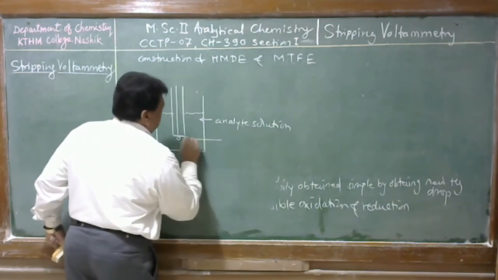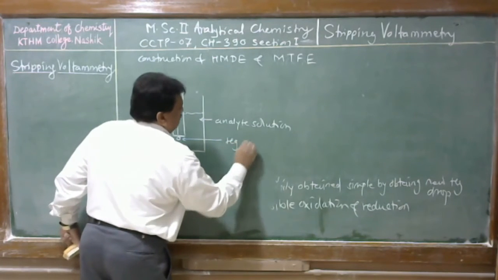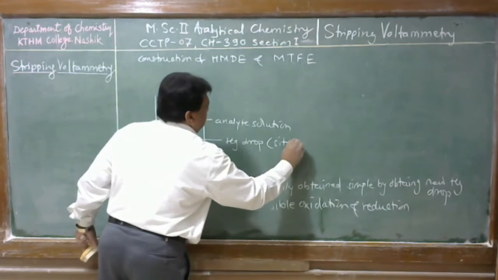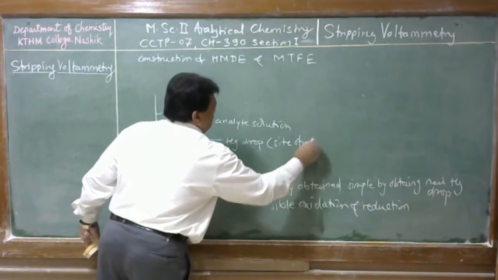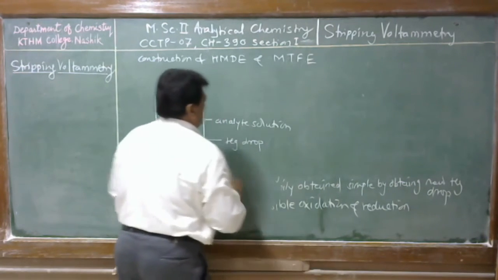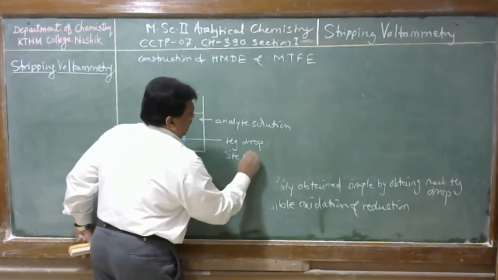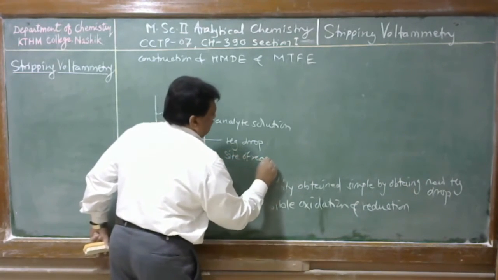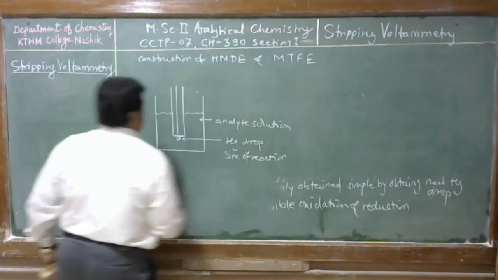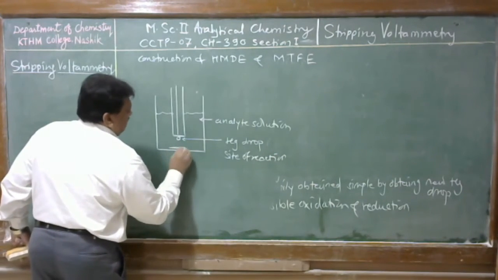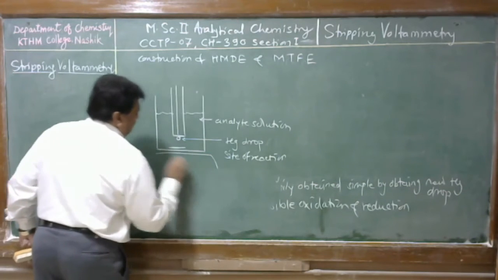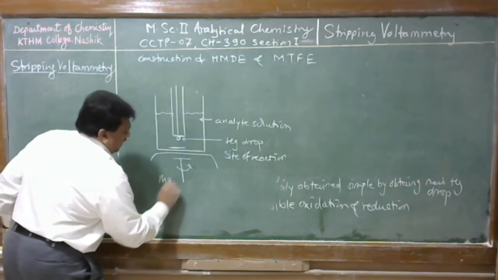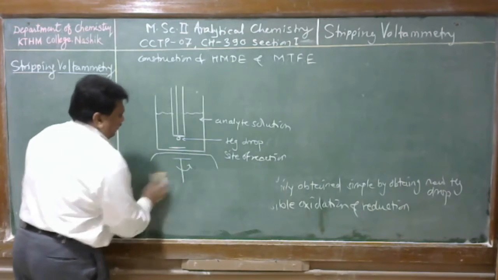Here this is a Hg drop, that is a site of reaction, and here generally solution is stirred, therefore it is kept over a magnetic stirrer.